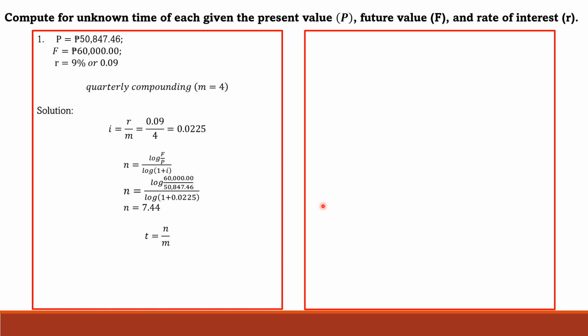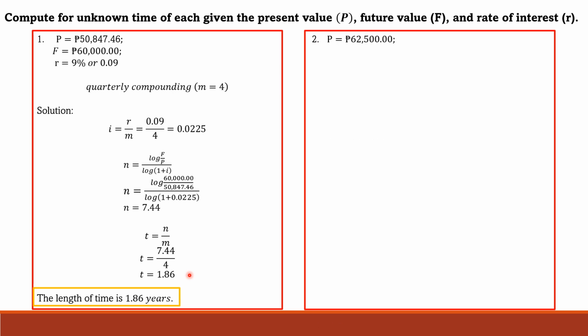Yan po ang ating isa-substitute dito sa formula ng ating time. So, time is equal to 7.44 divided by, ang conversion period natin is 4. So, therefore, ang time natin is, the length of time is 1.86 years. Okay?